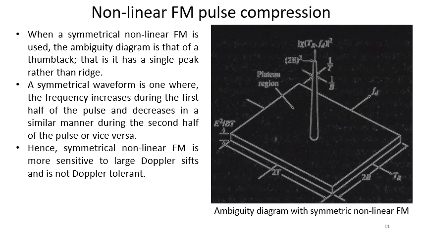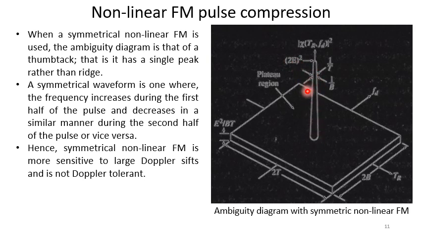So, when a symmetrical nonlinear FM is used, the ambiguity diagram, this one, is that of a thumbtack, that is, it has a single peak rather than a ridge. So its peak is at 2E whole square.